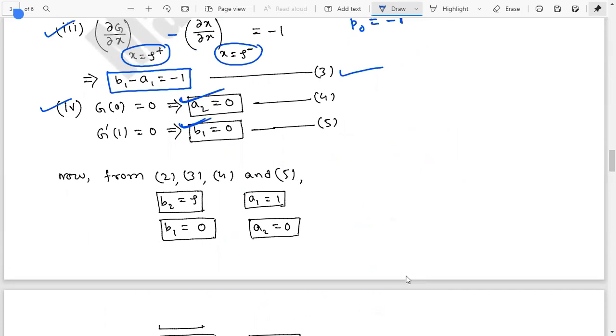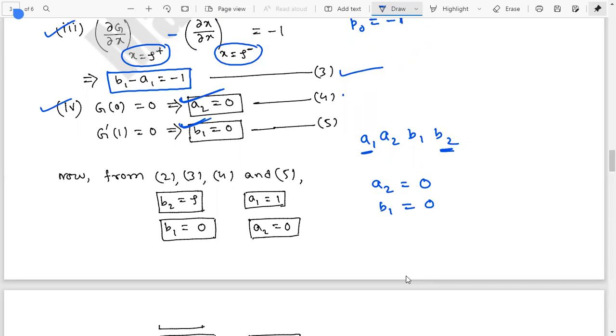Now we have to solve all these equations, from equation number 2 to 5, and we will get the values of those four arbitrary constants a1, a2, b1, and b2. From equation 4 we have a2 equals 0, and from equation 5, b1 equals 0. So we have to get the values of a1 and b2.